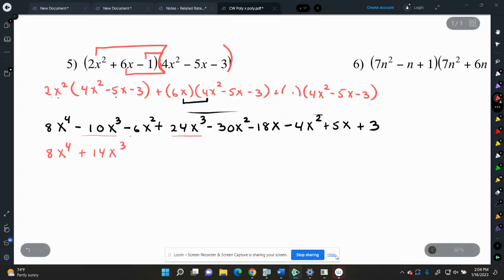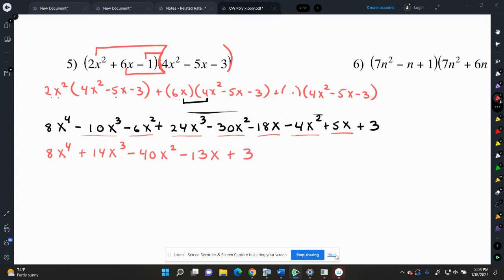Then we have minus 6x squared, minus 30x squared, so that's minus 36x squared. Minus 4x squared gives me minus 40x squared. We have negative 18x plus 5x gives me negative 13x, and then plus 3.